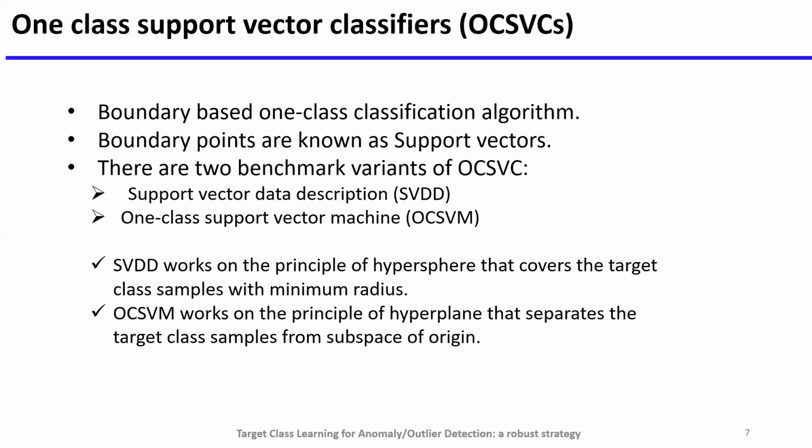So the one class support vector classifiers are basically boundary-based one class classification algorithms, and the boundary points are known as the support vectors, as in the case of the conventional support vector machine.